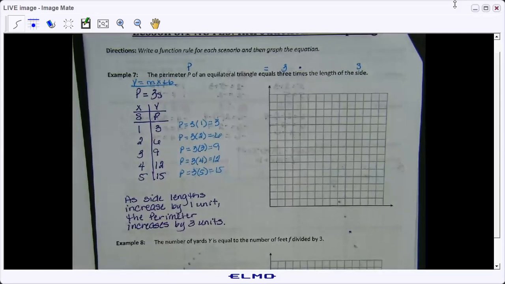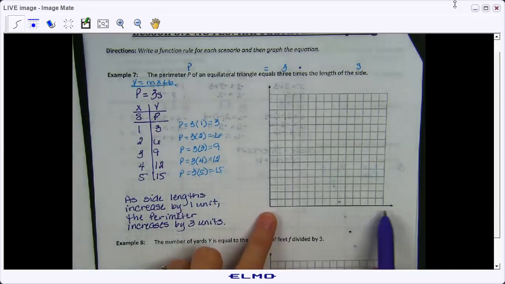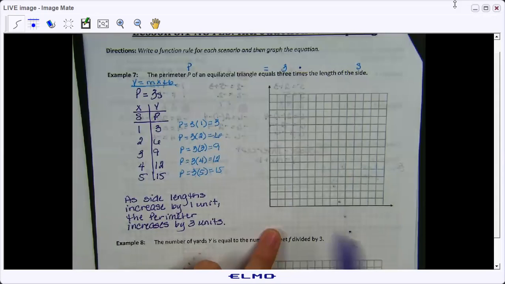Now we're going to graph this. Now it just so happens that we have enough space on our graph to make increments of 1. But let me show you something. Whenever we use a graph, we want to try to use up as much of the graph as we possibly can, okay? So if I look at my x-axis right here, what is on my x-axis?